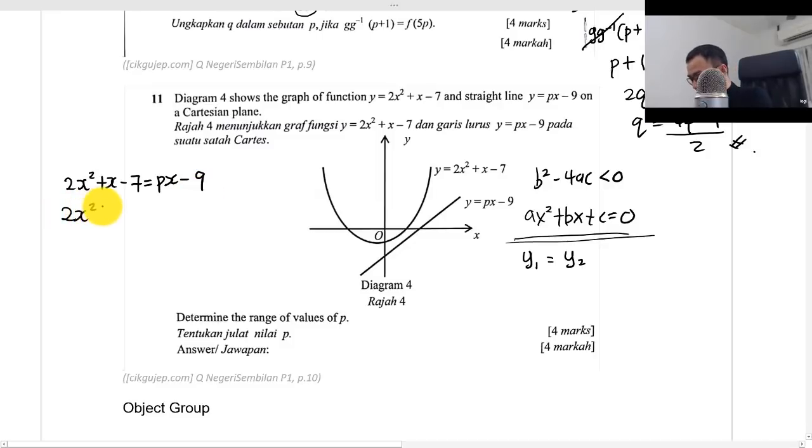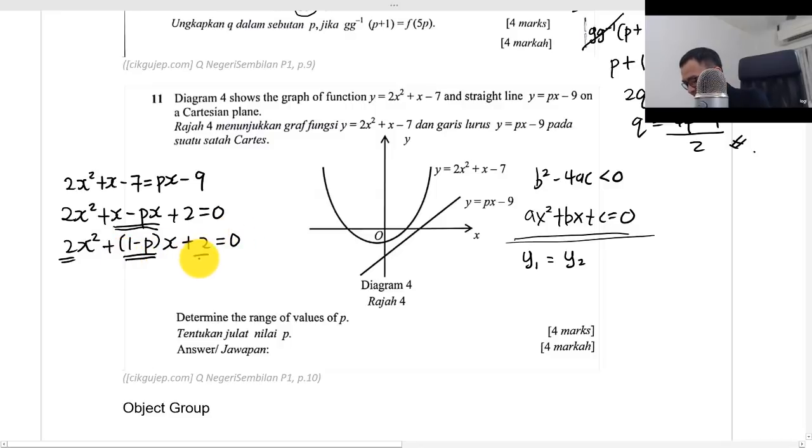So I move the px to the other side, it becomes minus px, and this becomes plus 2 equals 0. Then I want to categorize my a, b and c, so I factorize out the x. It becomes (1 minus p)x plus 2 equals 0.